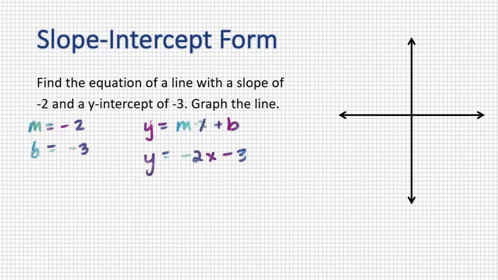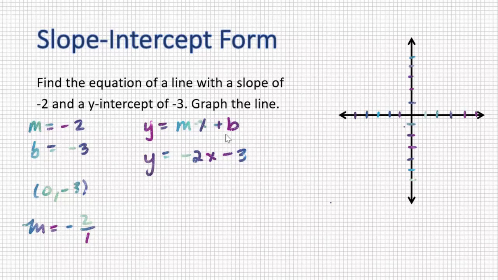And this is enough information to graph the line. In order to draw a graph, we just need 2 points or 1 point and the slope. In this case, we have 1 point, a specific one, the y-intercept, the point (0, -3), and the slope of -2/1, or -2.